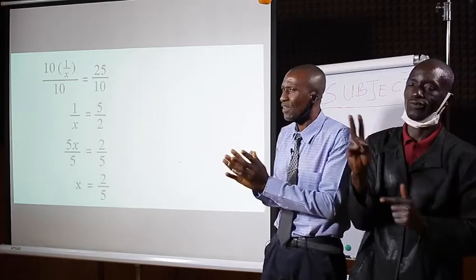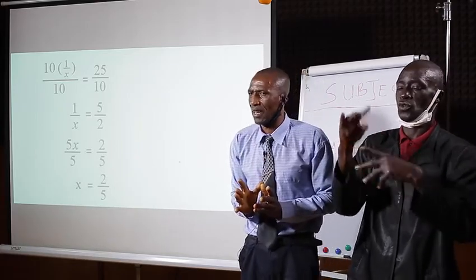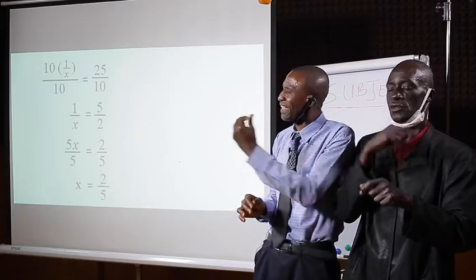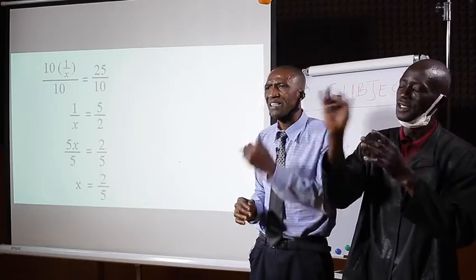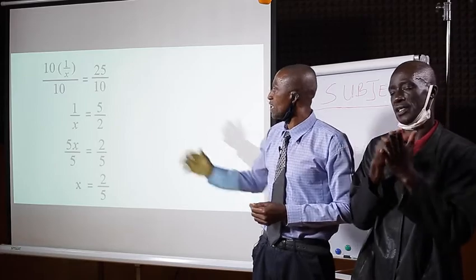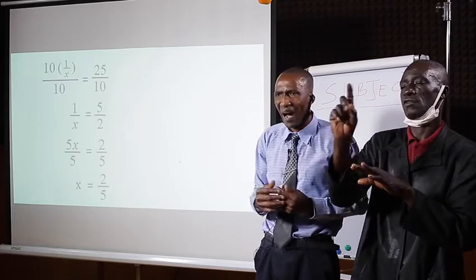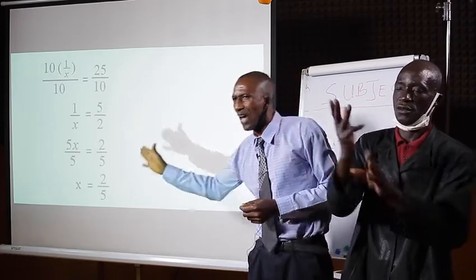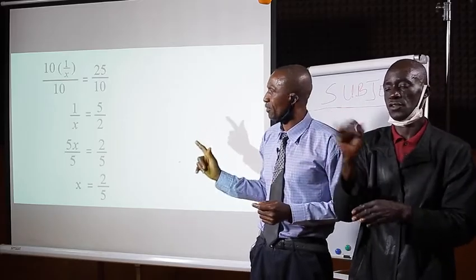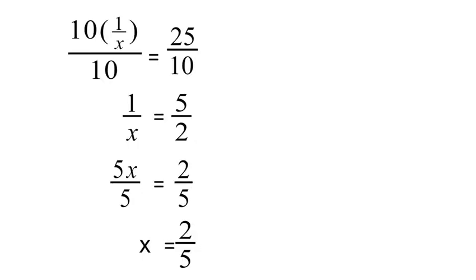Now, to get the value of x, we have to divide both sides by its coefficient, or its multiplier, you can put it. The multiplier of x there is 5. So that becomes 5x over 5 equals to 2 over 5.